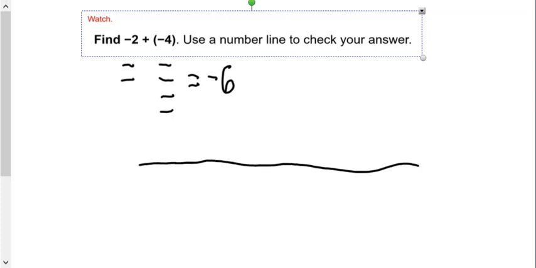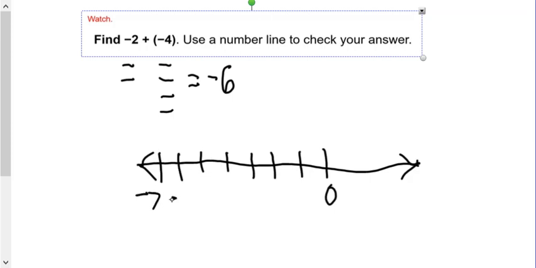All right, let's see what that looks like on a number line. That's a crooked number line, but it'll work for today. All right, so if we say 0 is right here, we go -1, -2, -3, -4, -5, -6, -7.